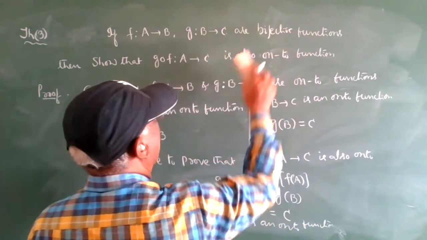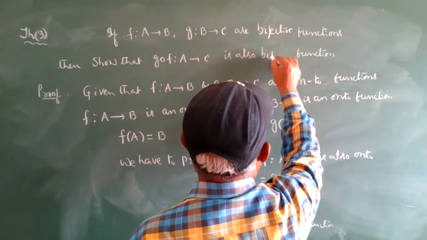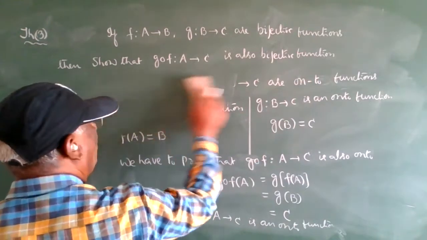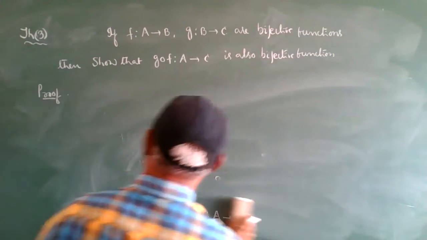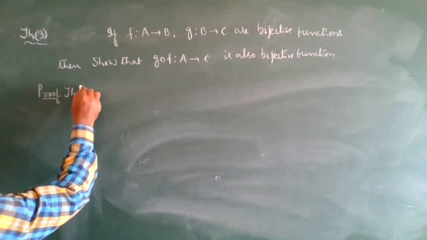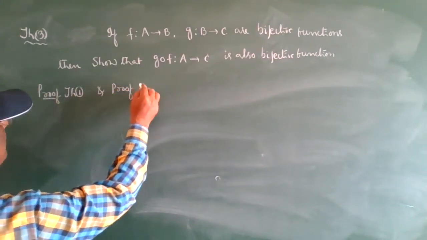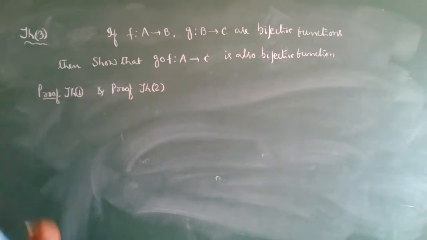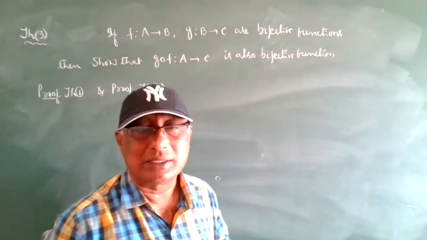Then show that g circle f is also a bijective function. So write down the proof of 1 and 2 completely, proof of theorem 1 and proof of theorem 2, both. That is the solution of this one. Bijective means theorem number 3 is completed.